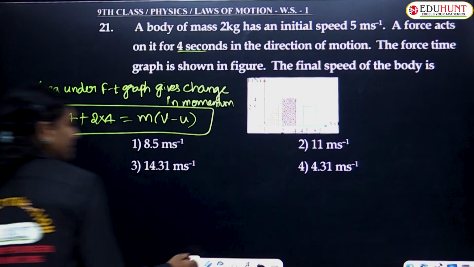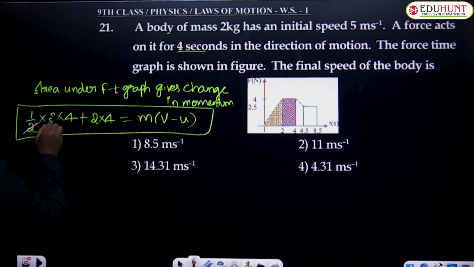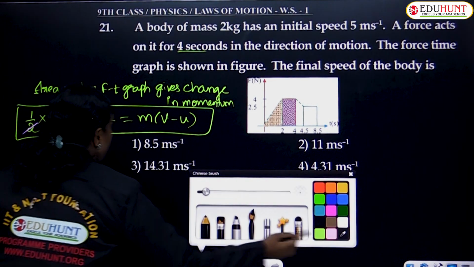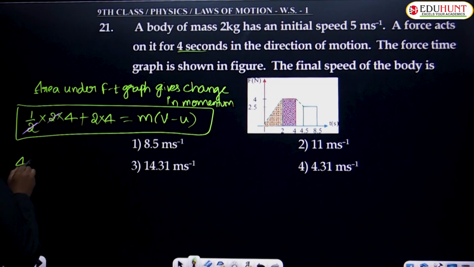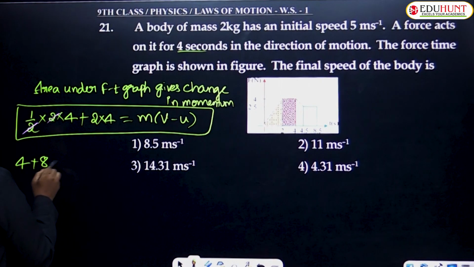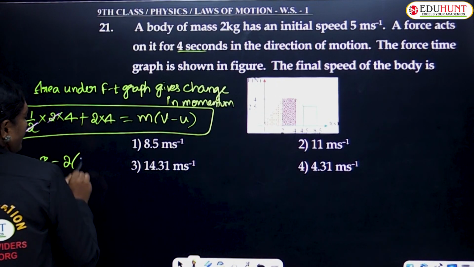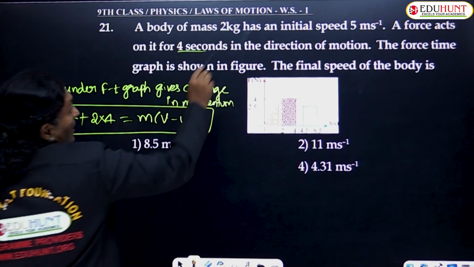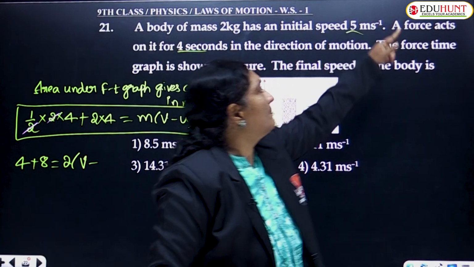Okay, let us try to solve the same after substituting, children. So this 2 and 2 get cancelled. Now you are left with how much? This is 4 plus 4 into 2 is 8, equals mass of the body, which is given as 2 kg, times final velocity, which you are asked to find out. Initially it is moving with a speed of 5 meter per second.